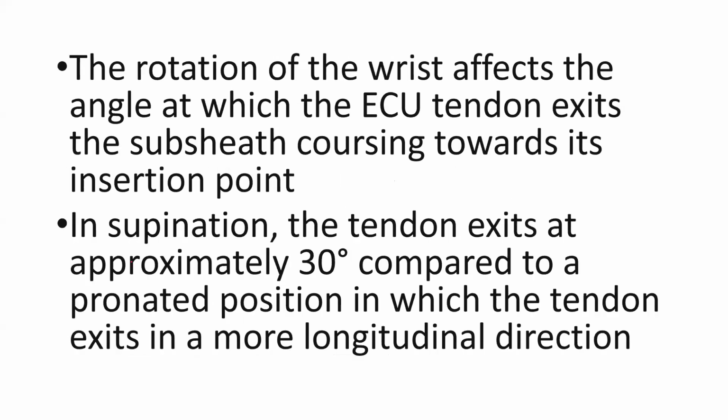The rotation of the wrist affects the angle at which the extensor carpi ulnaris tendon exits the subsheath, coursing towards its insertion point. In supination, the tendon exits at approximately 30 degrees compared to the pronation position, in which the tendon exits in a more longitudinal direction.